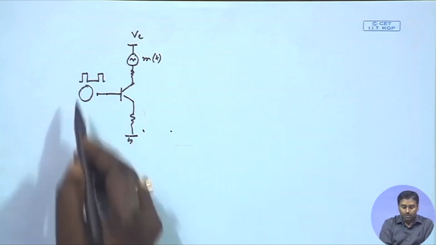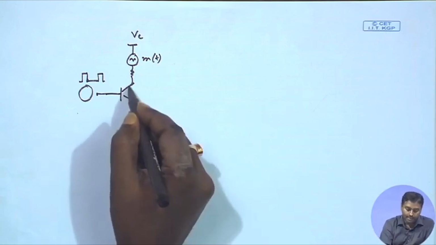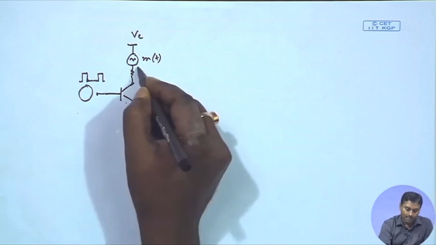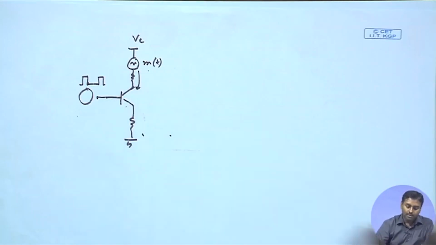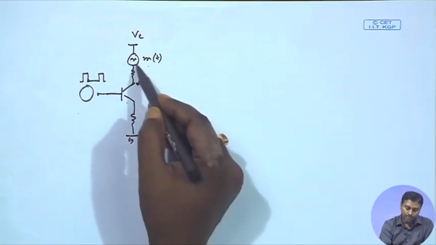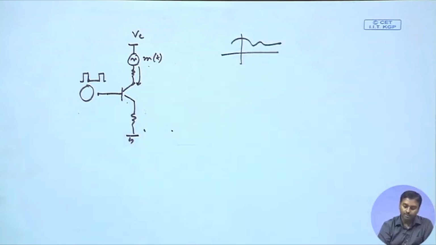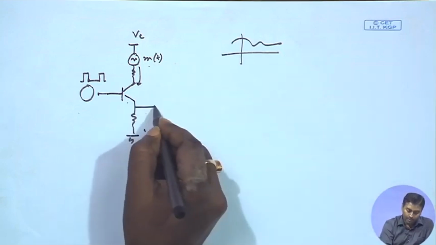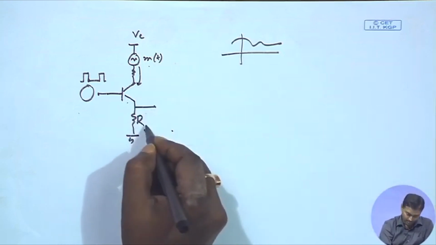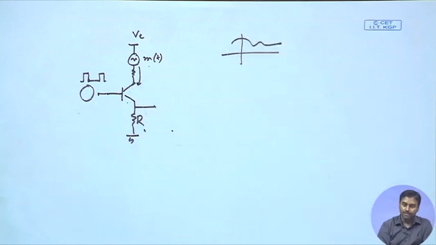Okay. So, whenever the pulse is high, that means the switch is on, and there will be a current flow which will be proportional to the message signal you are putting over here. So, if the message signal varies in time like this, the current also will vary according to this nature, and the voltage across this resistor will also have a similar variation.